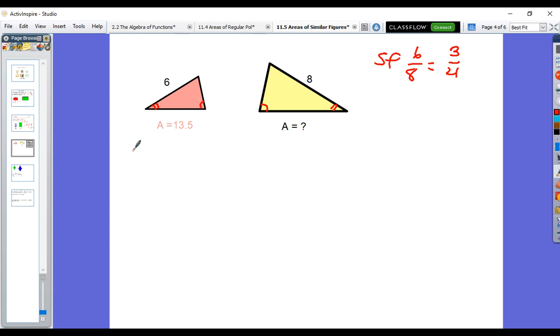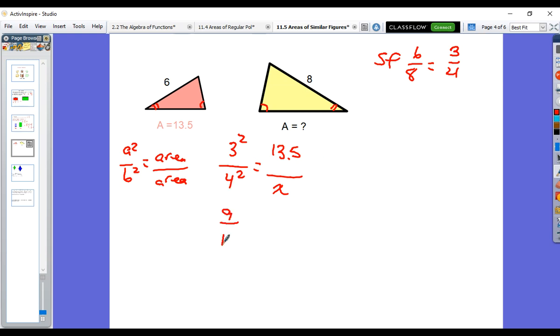All right, since we're doing area, we'll do A squared to B squared equals the area of our smaller one over the area of the bigger shape. So A squared being 3, 3 squared over 4 squared equals the area of our smaller one, 13.5, over the area of the bigger one. That's our x this time. Square our numbers, we get 9 over 16 equals 13.5 over x.